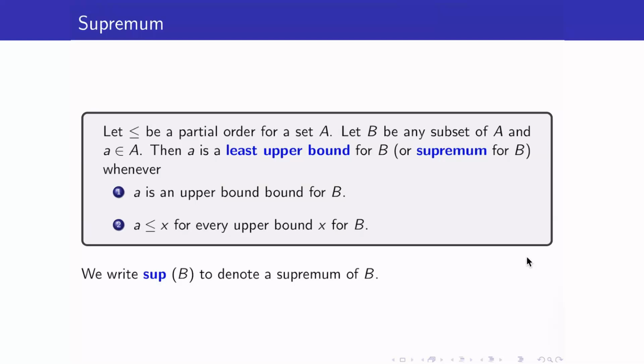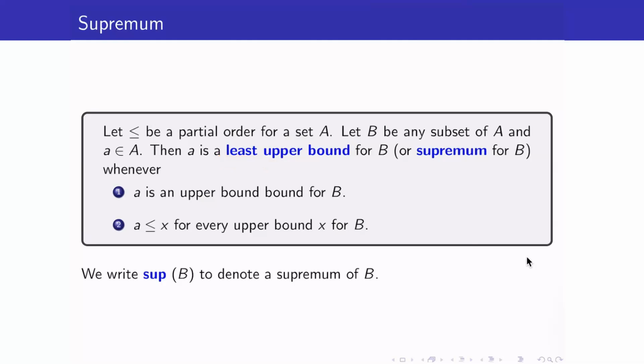Take note first that in the definition, the element must be an upper bound for B. And notice also this element may or may not be an element of the set B. I mentioned earlier that an upper bound may or may not be inside your set. So first you have to be an upper bound. I already gave the definition for that. So that satisfies this, and then it says that it has to be the least.